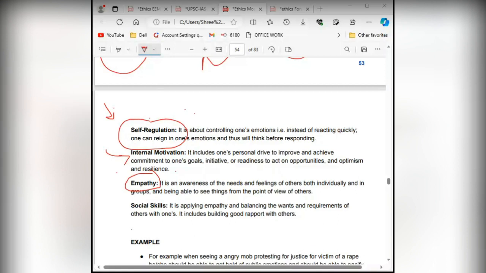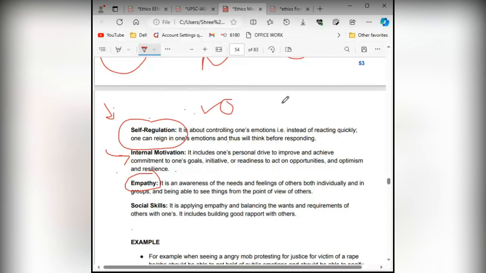Okay, for example, if there is a situation which is intense enough, and you are a person who thinks that it's all right, it is happening with others. But if you think that suppose it might have happened with me, then what would I have done? So this is empathy.